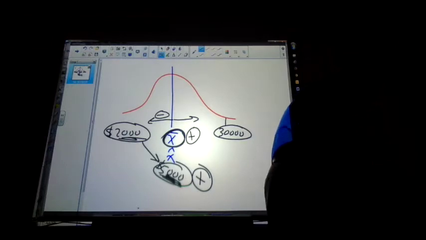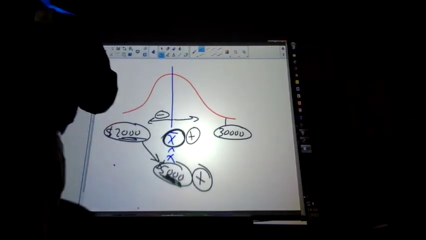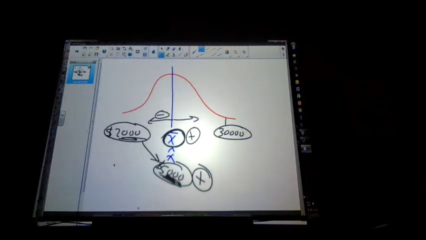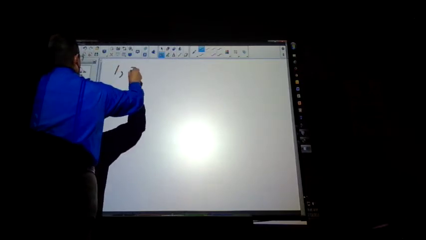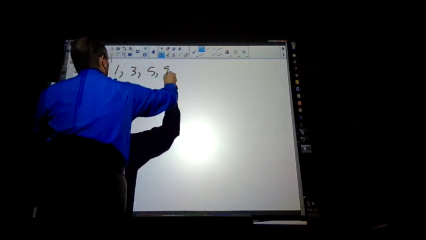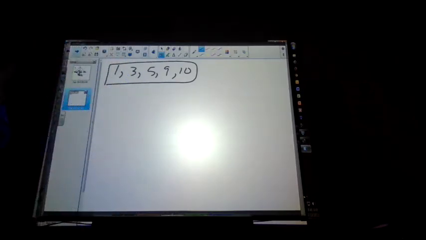All right, let's talk about math. Okay. So now, average, median, normal distribution means it's relatively symmetric on both sides. So if we were to take our data on this one, we have 1, 3, 5, 9, and 10. So it actually does relate in.